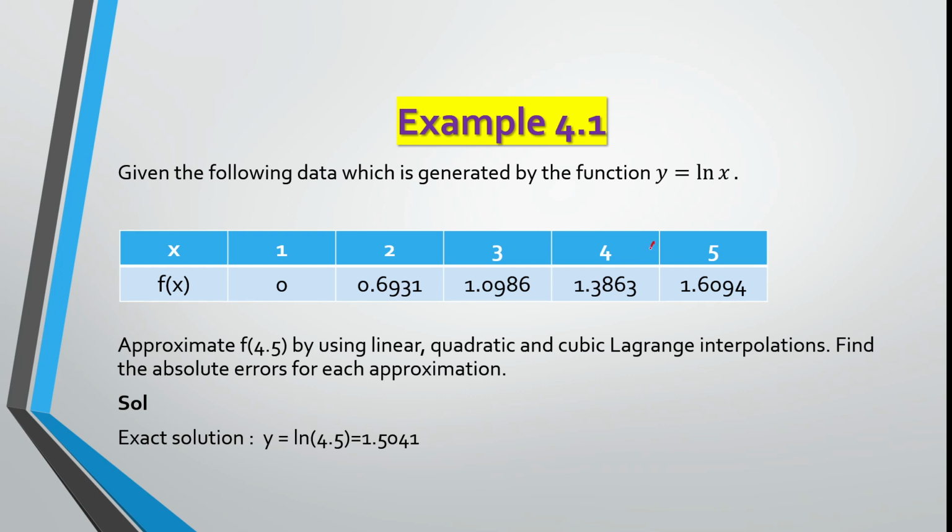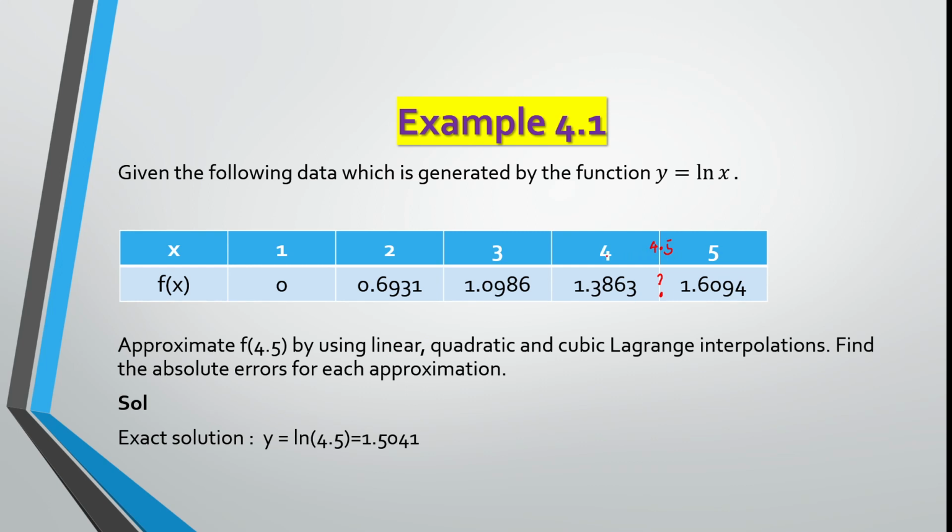But now we want 4.5. So what is the y value here? In this problem, you need the interpolation techniques, and we solve this interpolation using the Lagrange interpolation polynomial. So the question is to approximate f(4.5).